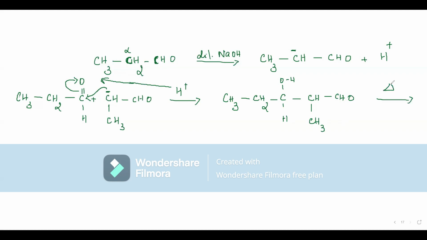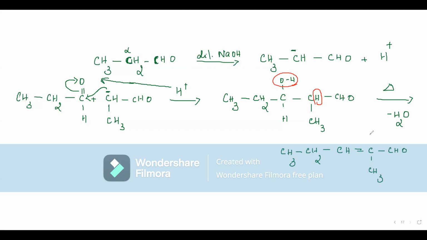Suppose you are heating this, you will eliminate a molecule of water, that is OH from here, and H from the alpha position is removed. And what you will now have is CH3, CH2, CH double bond C, CH3, CHO.